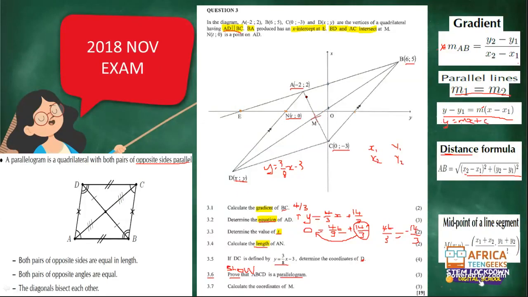Okay, so it would depend on what you want to show. So you don't have to prove everything. You can just choose one and work with that. Okay, hope it makes sense.